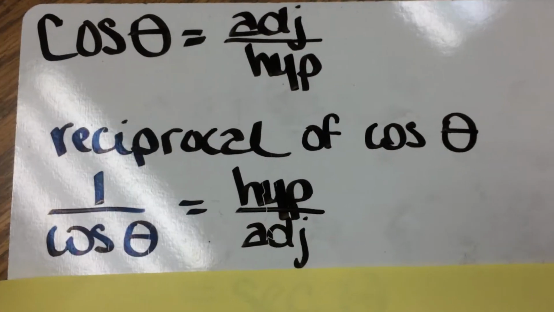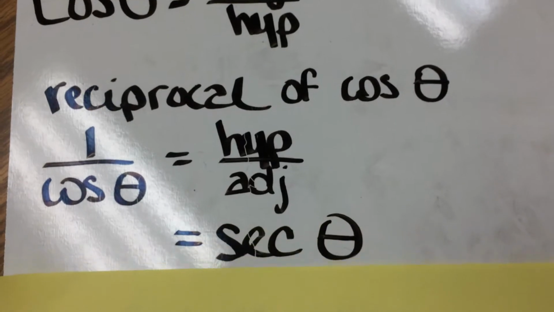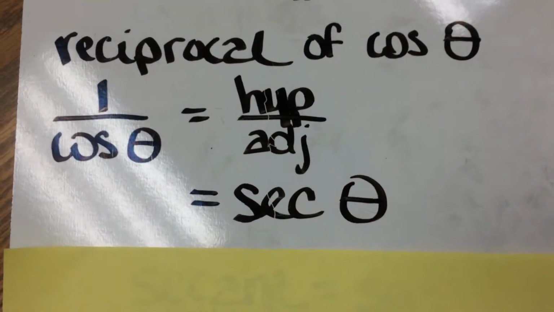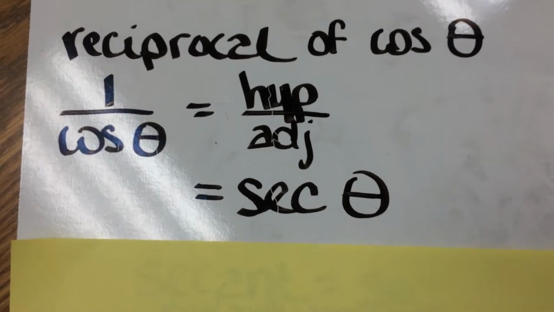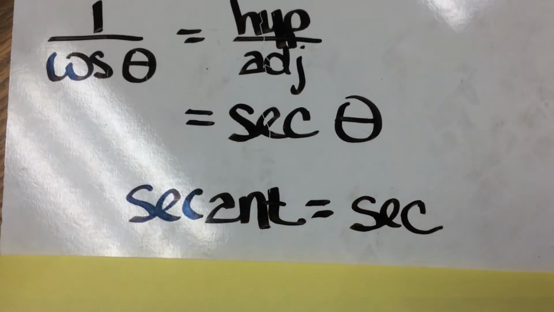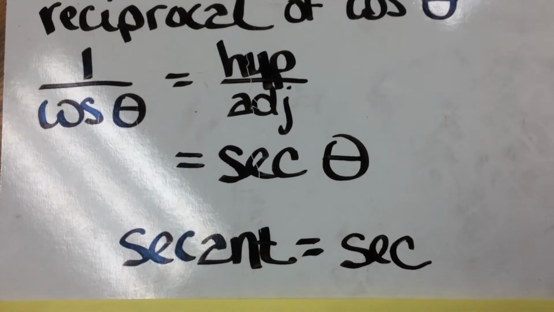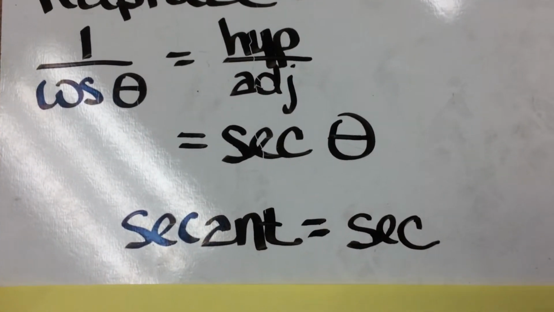And this gives us our 5th trig function. 1 over cosine theta is the same thing as secant theta. We use SEC theta for the abbreviation. So the reciprocal of cosine theta is secant theta.